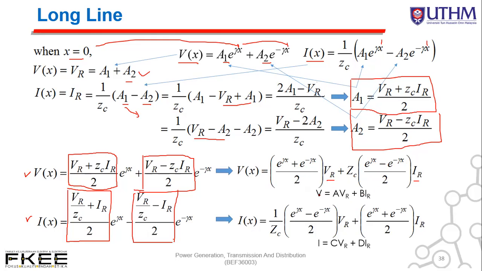If we look at our ABCD model, V equal to A VR plus B IR, so this one can be represented as A and this one as B. Similarly for current Ix, we can take out VR and IR from the equation. So we got C equal to 1 over Zc times (e^(γx) minus e^(−γx))/2, while D equal to the A parameter, that is (e^(γx) plus e^(−γx))/2.